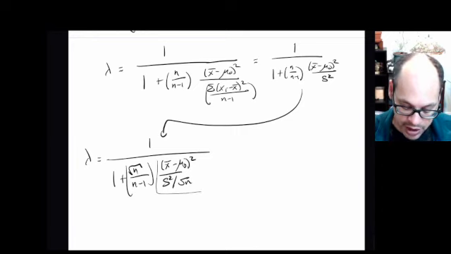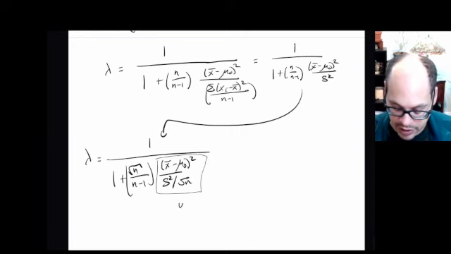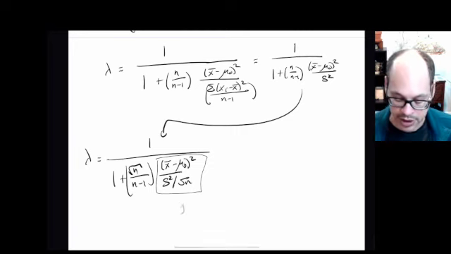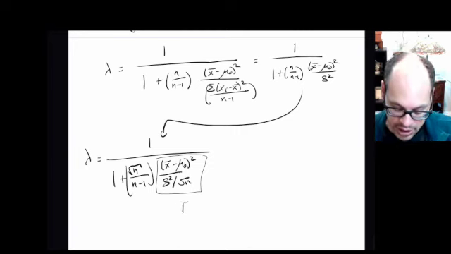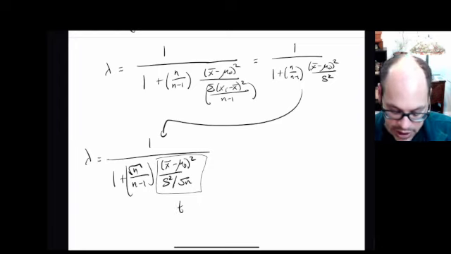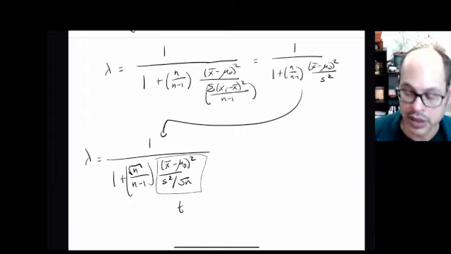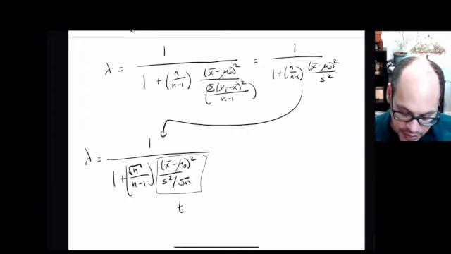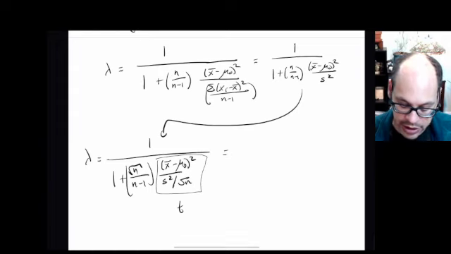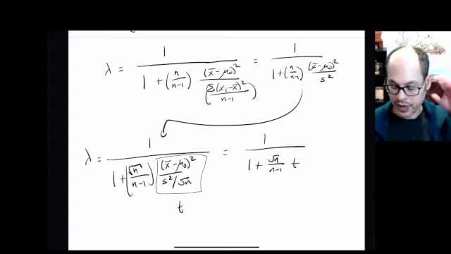If I call this variable, I don't know, maybe I'll call this t. If I call that variable lowercase t, and that s should really be a lowercase s, this is the measured value of my sample variance. Then what I get is, so this lambda is 1 over 1 plus root n over n minus 1 t.